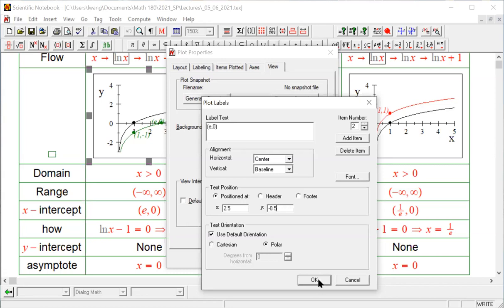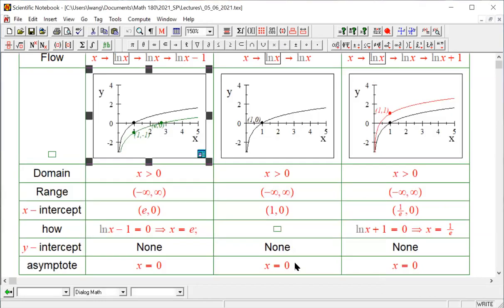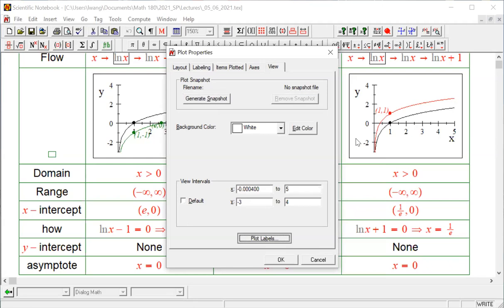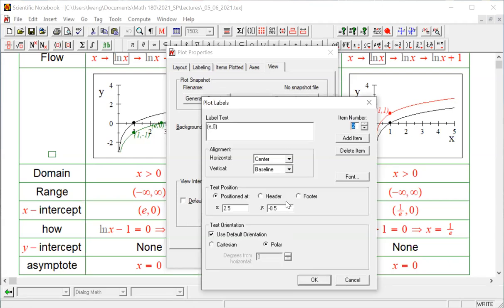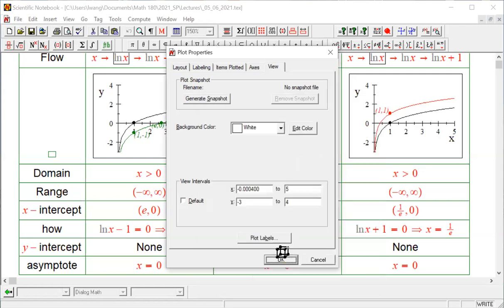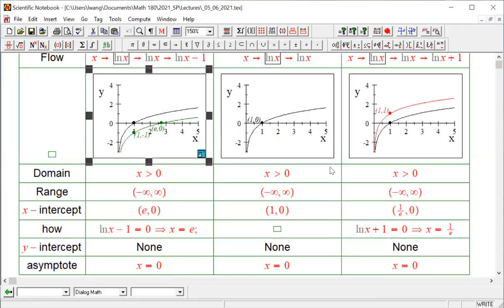How about that? e comma 0. Is that good enough for you? Better, right?